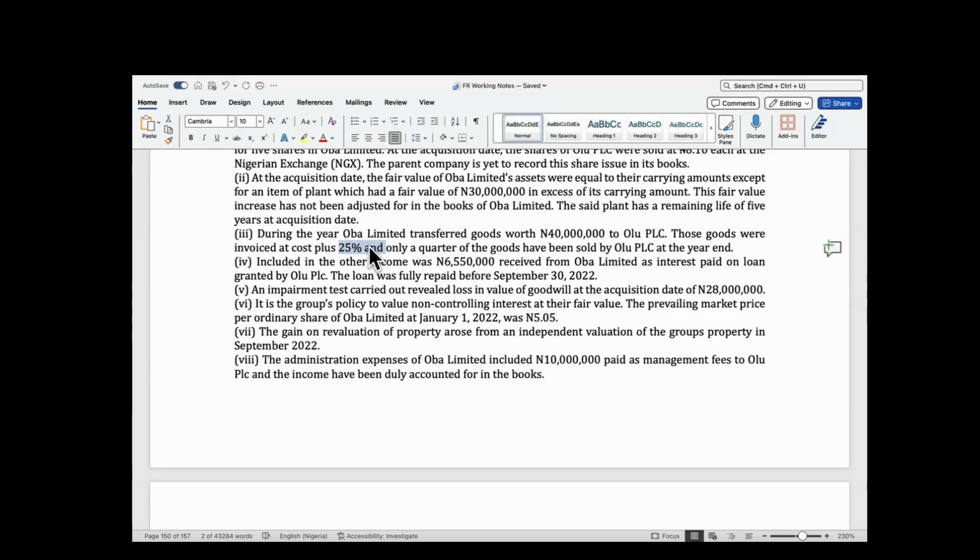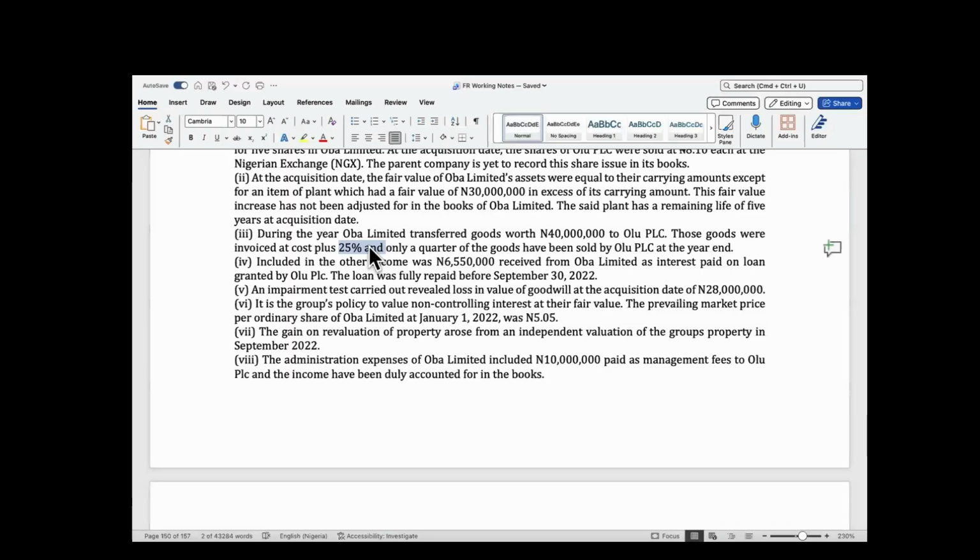We'll eliminate them. Next, it says an impairment test carried out revealed a loss in value of goodwill at the acquisition date of 28 million. So again, this is an impairment loss that we're going to deduct from our goodwill and which we're going to expense. So where are we going to expense it to?